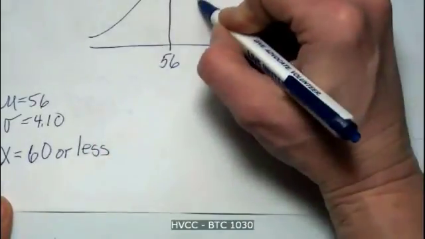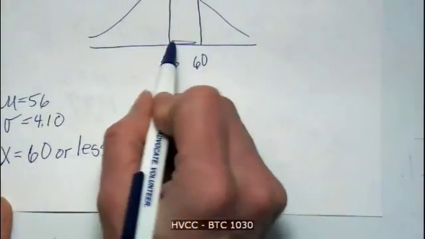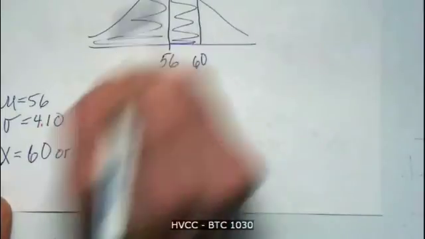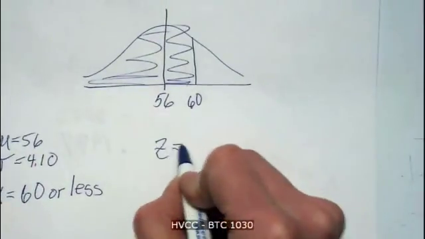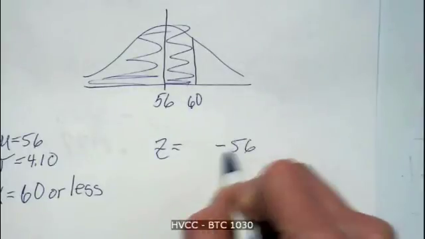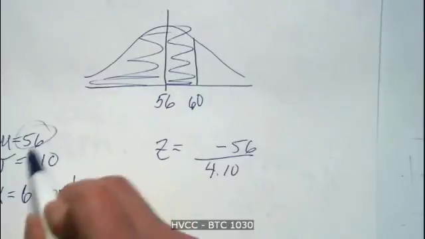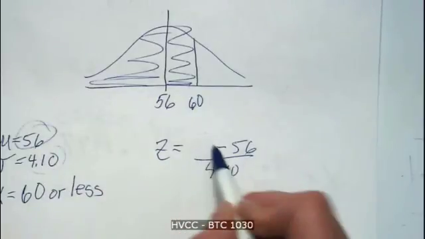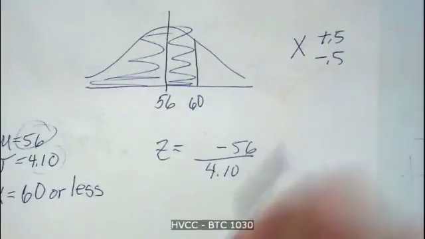So here's 60. And I said less, so I would shade this area and this area. So I have a z, 56 over 4.10, because I had to calculate this. Now the x, I have to add 0.5 or subtract 0.5.